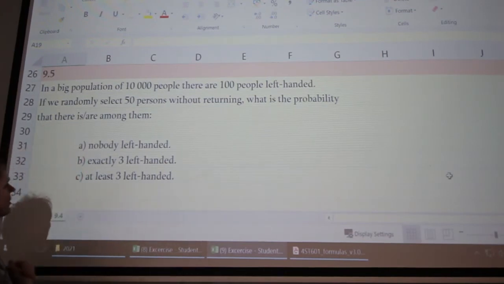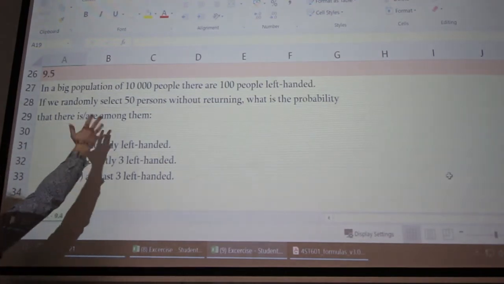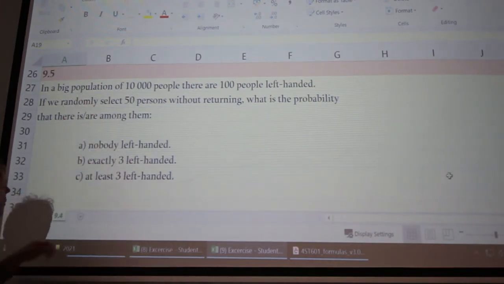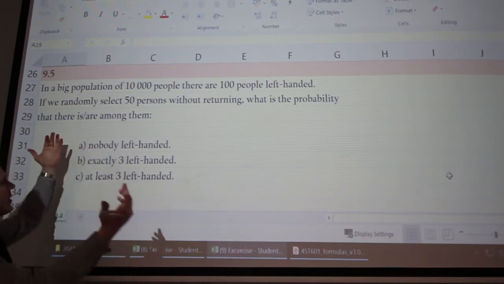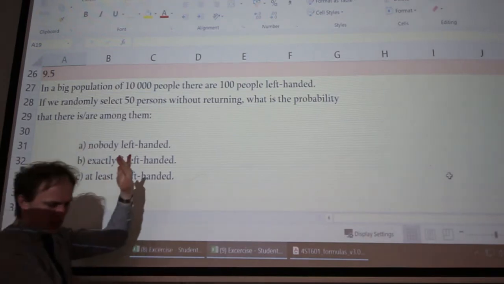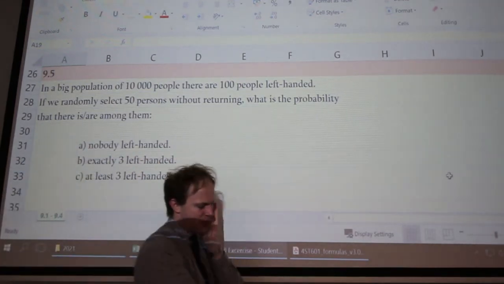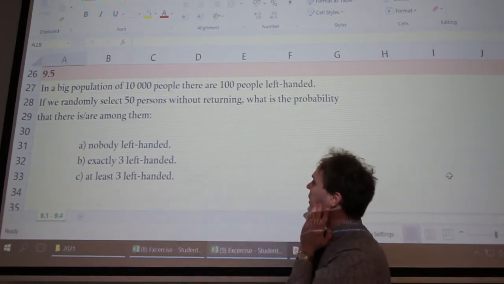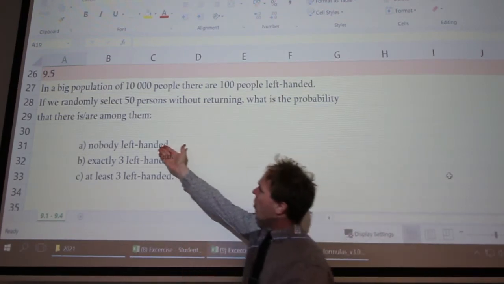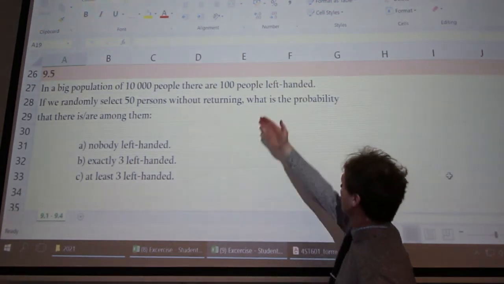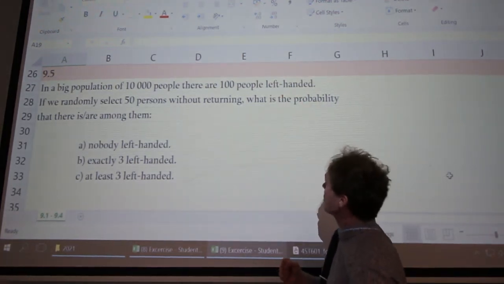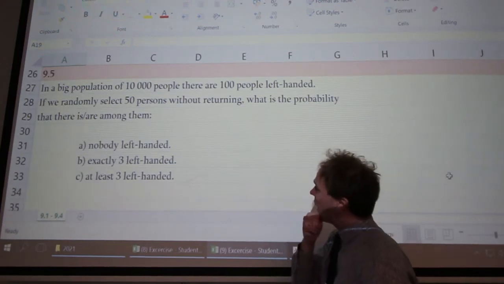And we are calculating the probability that there are among them nobody left-handed. So we would like to calculate probability that random variable x, number of left-handed persons in our selection, will be equal to 0, because a special characteristic is that the person, yes, is left-handed.